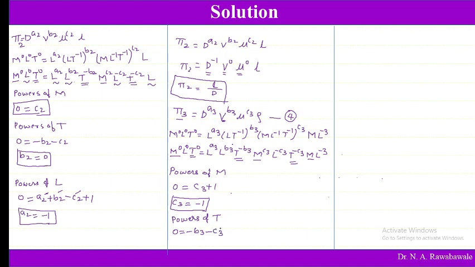So from this we can get b3 is equal to minus c3, c value is minus 1, so minus of minus is plus 1. So b3 is equal to plus 1.